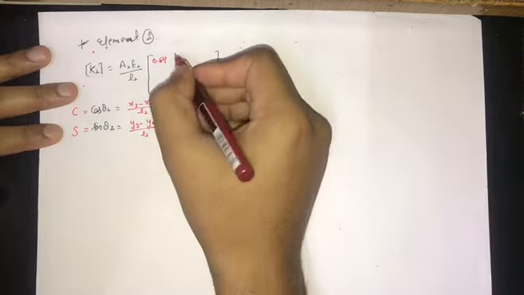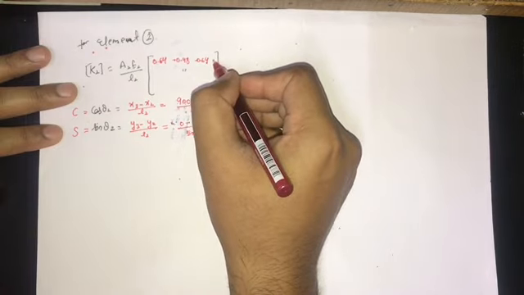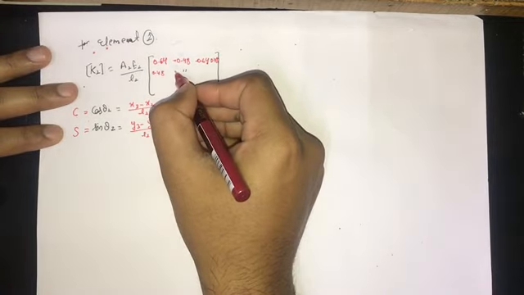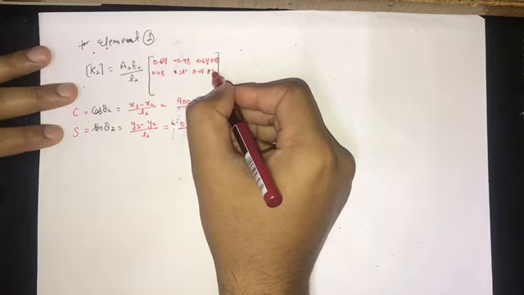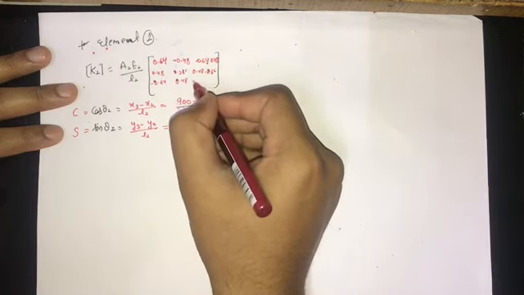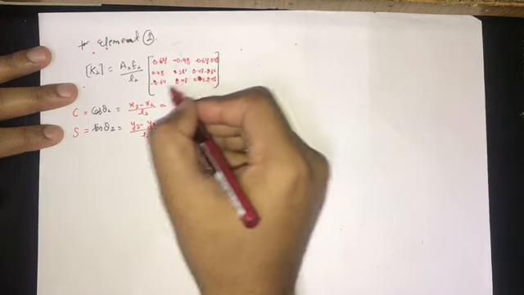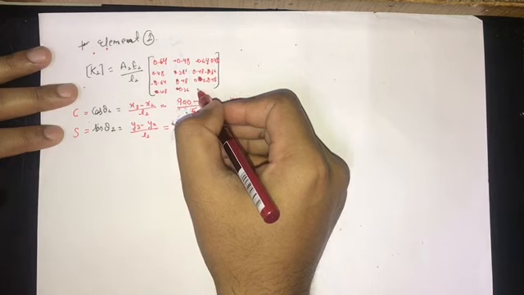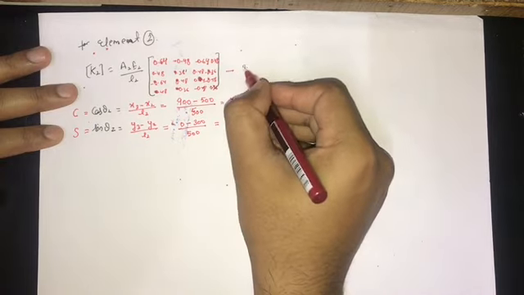So cs is equal to 0.48, and minus 0.64, and this is again 0.48, 0.48, 0.36, 0.48, 0.36, 0.64, 0.48, 0.64, 0.48, 0.48, minus 0.36, minus 0.48 and 0.36. So this is equation 2.